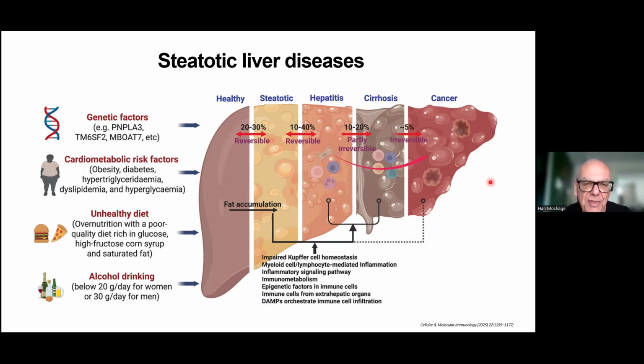So again, if you consider that 30% of the world population is here, you can imagine how many people we will have with irreversible liver damage and cancer in the future.